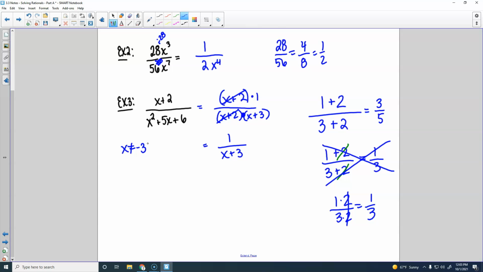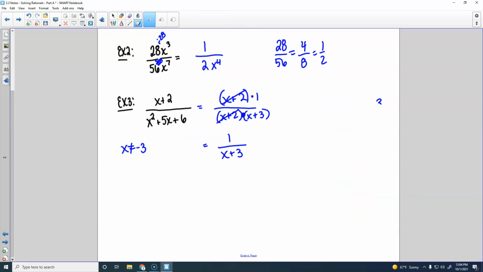But there is another one. So for this, it would be fine to put in negative 2 for the simplified version. But would it work if I put negative 2 in this original equation? If I tried to put negative 2 there, the top, well, it's okay for the top to be 0, but the bottom's going to be 0 too. If I put negative 2 squared plus 5 times negative 2, which is not as easy to see right away, but you have 4 minus 10 plus 6, you're getting 0 over 0.